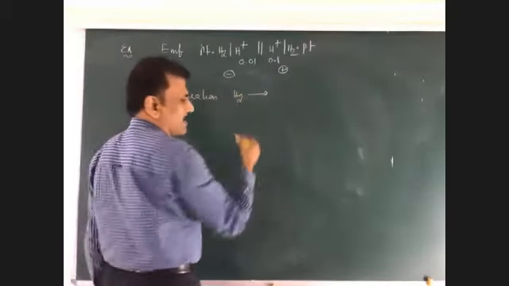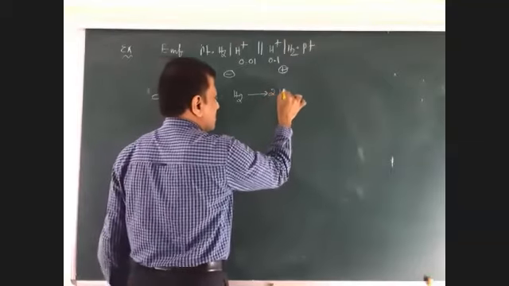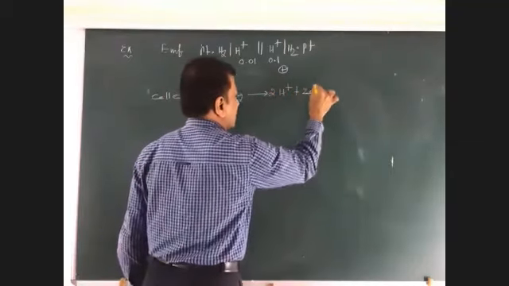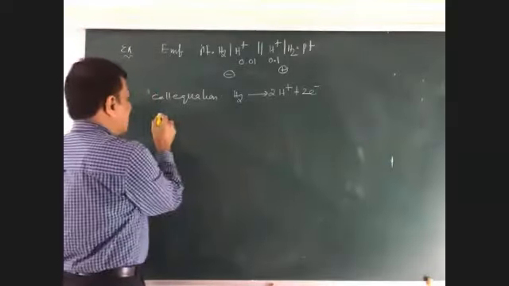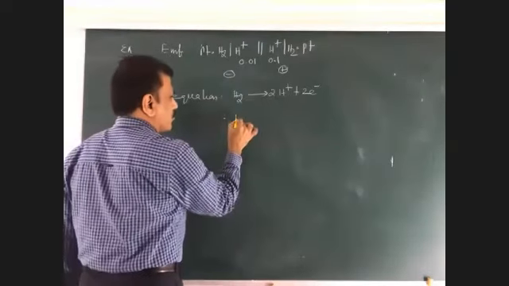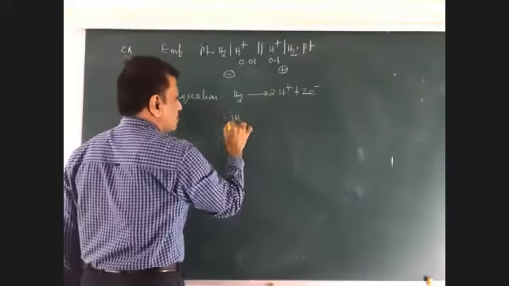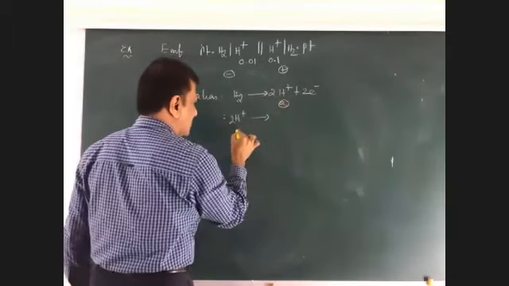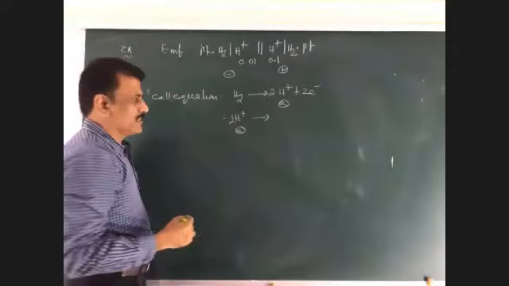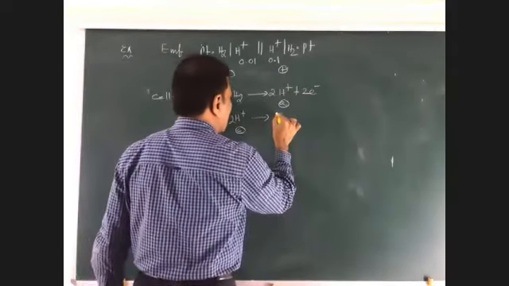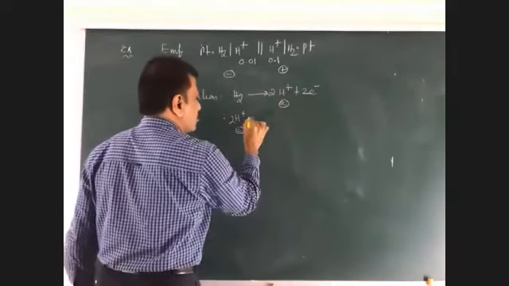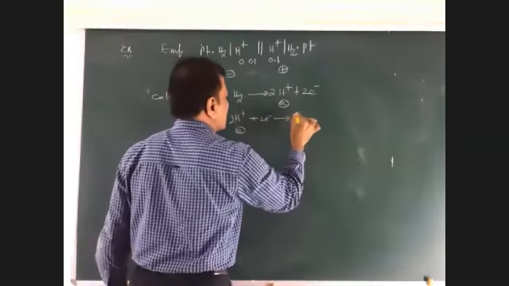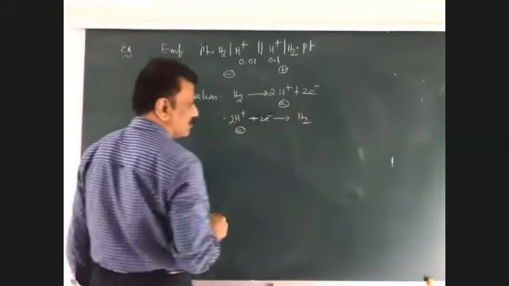H2 at anode, oxidation: 2H plus, 2 electrons. At cathode, 2H plus, this is A, this is C for convenience. 2H plus, 2 electrons changes to H2.